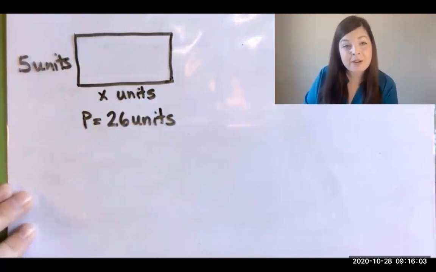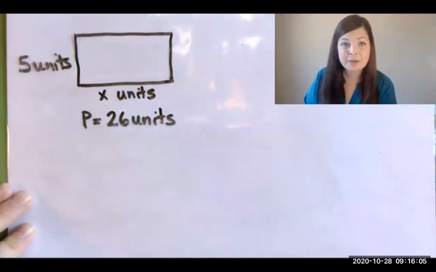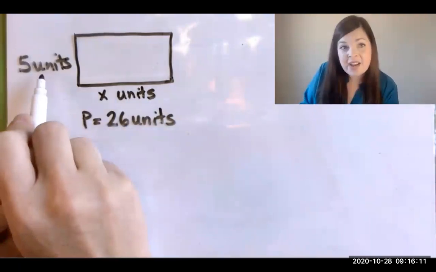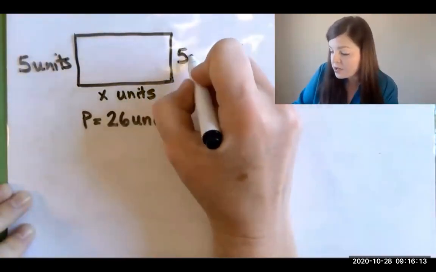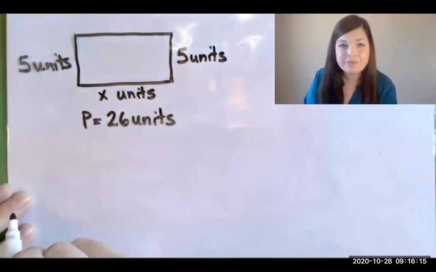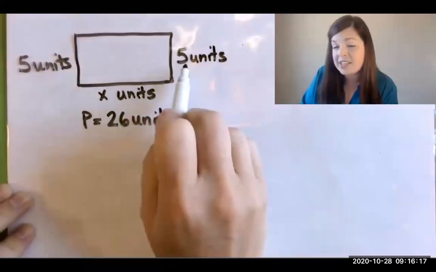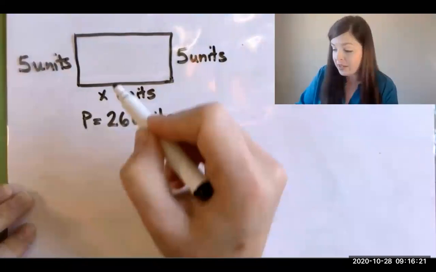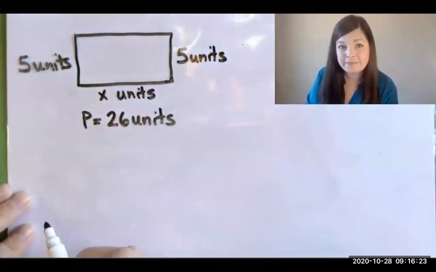There's more than one way that we could think about how to find the width of this rectangle. One way to think about it is that we know opposite sides are the same length. So if this side is 5 units long, then this side is also 5 units long. If we subtract these two lengths from the perimeter, then that will give us the sum of the other two sides.